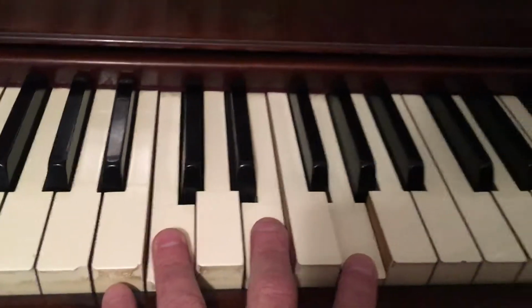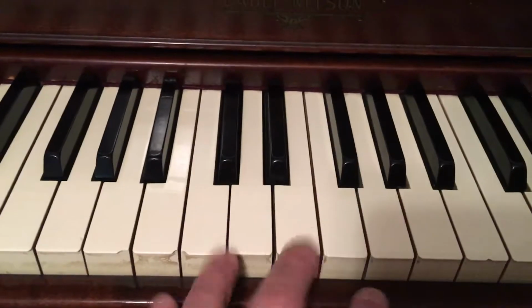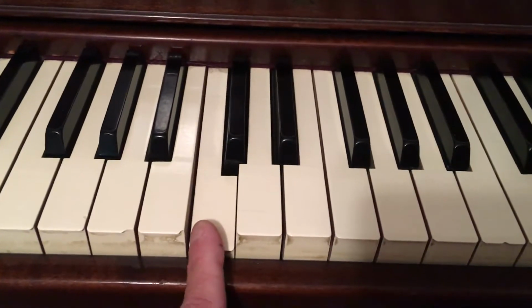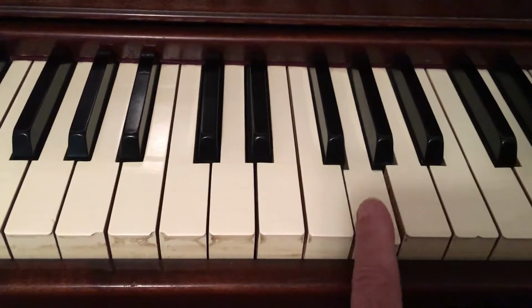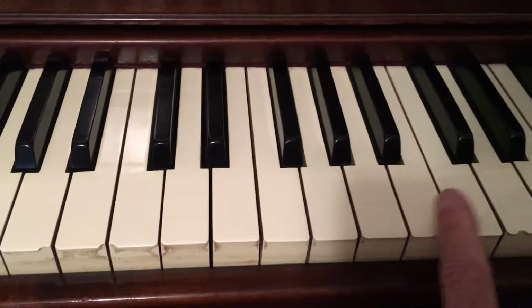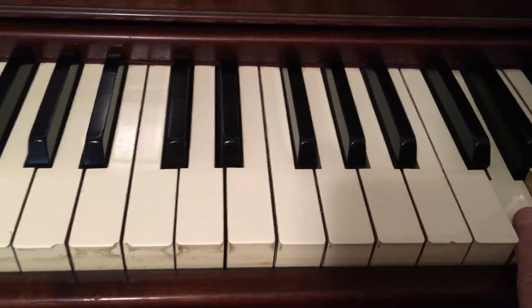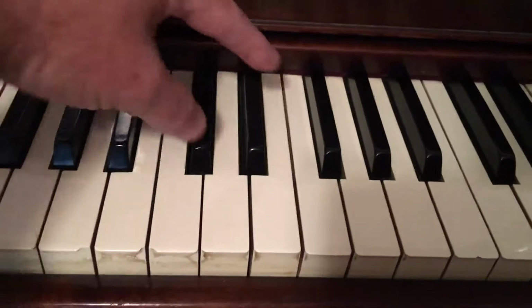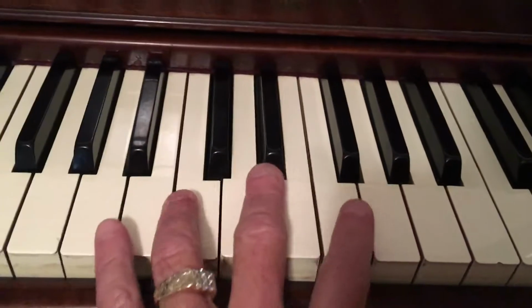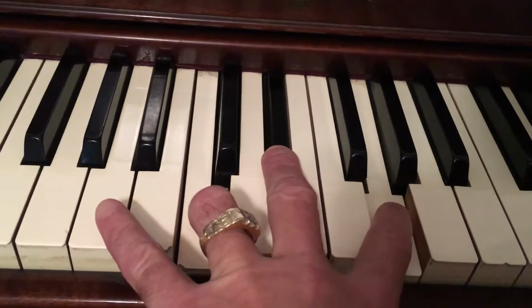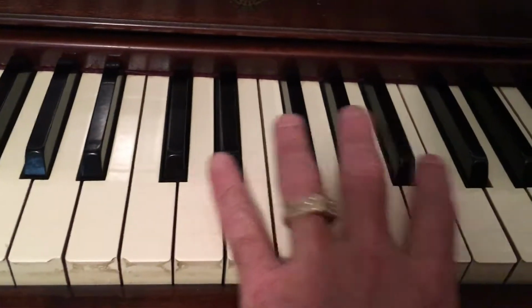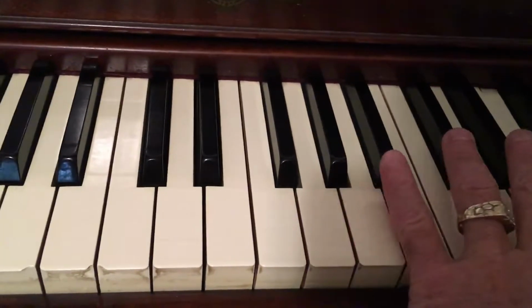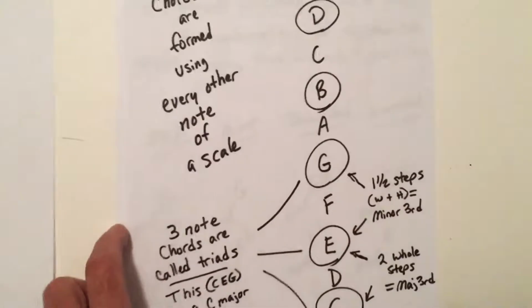In fact, the sequence for major chords starts with a major third and then a minor third, and then a major, and then a minor, and it continues on in that fashion. A minor chord is the opposite, built on top of a minor third. We have a minor third, then a major, then a minor, then a major, and a minor, and so forth. So that's an interesting thing to know.